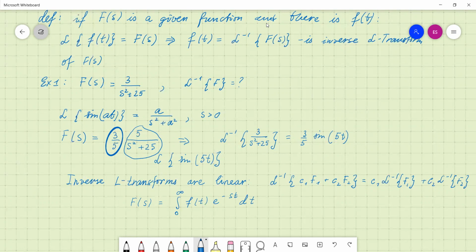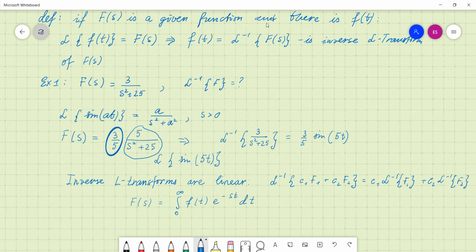When you go back, the function which was producing F, if you multiply it by a constant, is going to produce F multiplied by a constant. This is only a consequence of the definition of the Laplace transform as an integral, and integrals are linear.